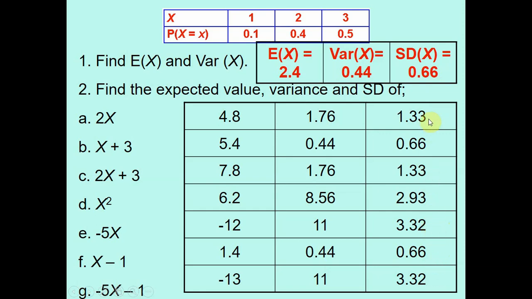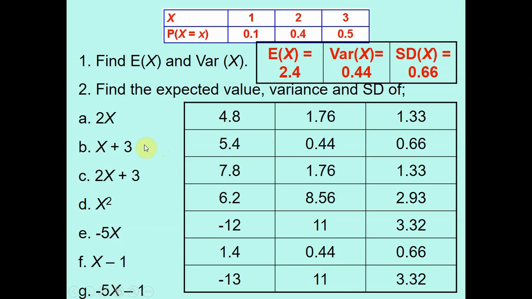So it appears that if you double the values of x, then the standard deviation doubles, which kind of makes sense. Now we know that the variance is the standard deviation squared, so if we've doubled the standard deviation to get this, then it kind of makes sense that to get from the variance to the new variance for 2x, we would actually have to multiply by 2 squared, and this is indeed 4 lots of that.